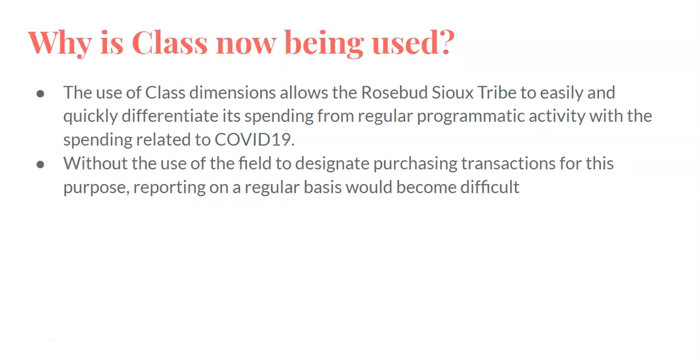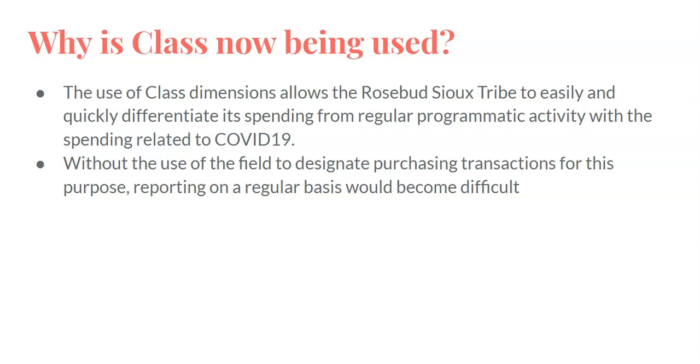We're using the class dimension to allow the tribe to easily and quickly differentiate its spending from regular programmatic activity with the spending related to COVID-19. Without the use of the field to designate purchasing transactions for this purpose, reporting on a regular basis would become difficult.